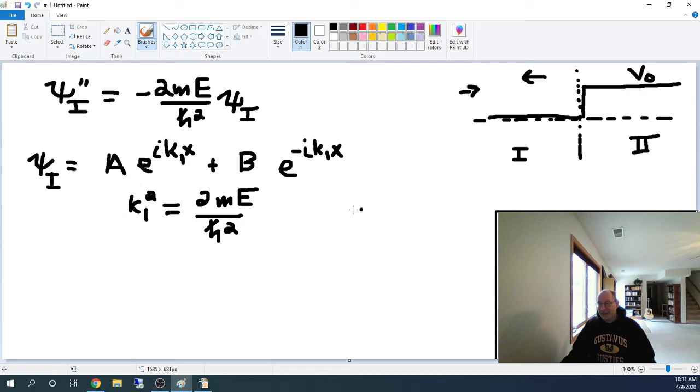So what we're going to see, though, is that, let's look at region 2 and see how this is a little different. So psi 2 double prime. So this is the Schrodinger equation.